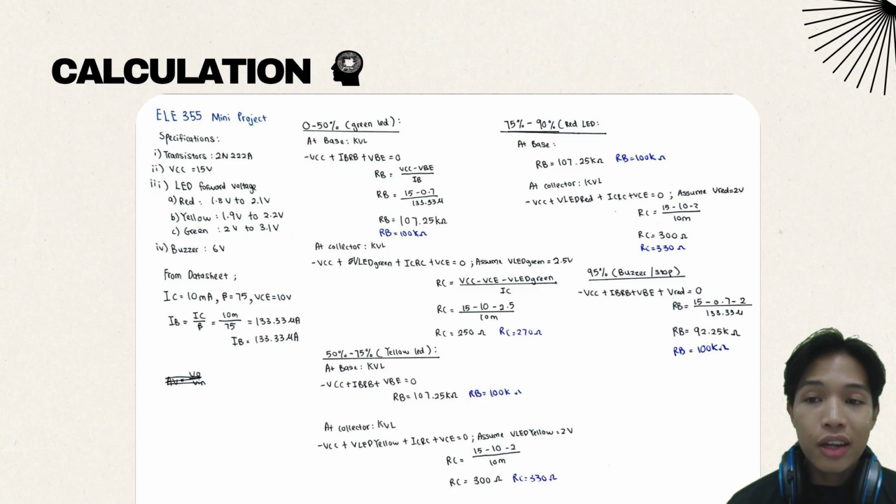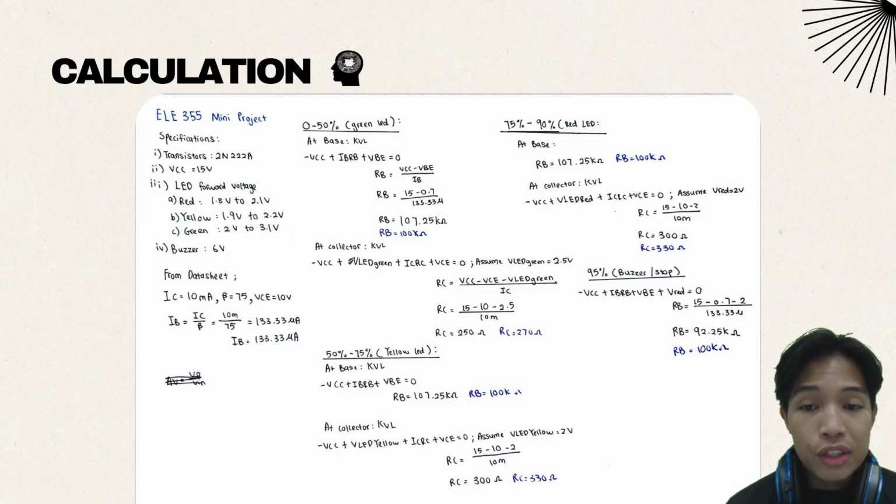So now let us dive into the calculation part. From the datasheet, we assume IC equal to 10 milliampere, the beta is 75, the VCE is 10 volt. So the base current is equal to 133.33 microampere.